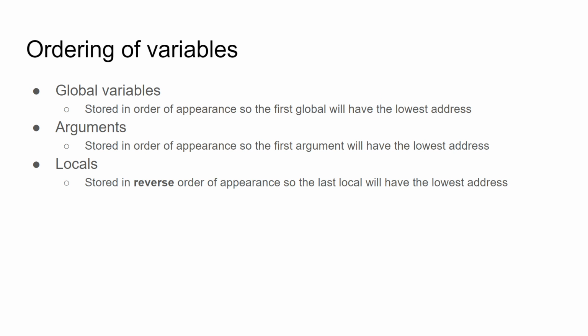And locals are actually stored in the reverse order of appearance. So if we had locals A, B, C, D, local D would appear before local C, which would appear before local B, which would appear before local A in memory. So D would have the lowest address, and A would have the highest address.